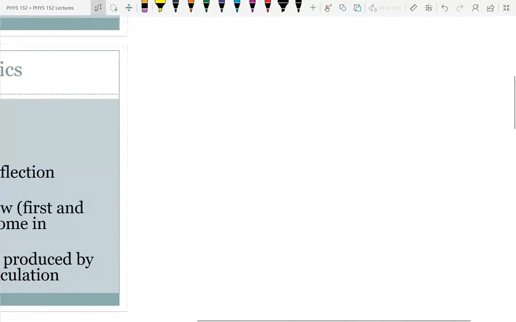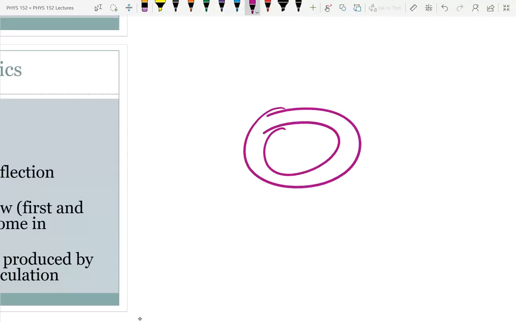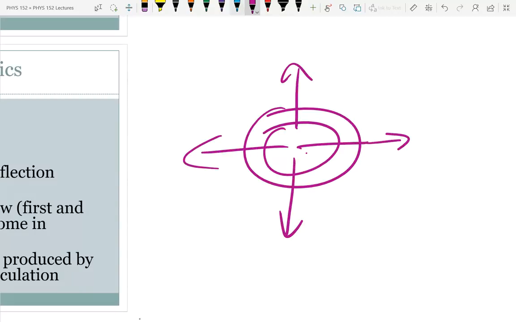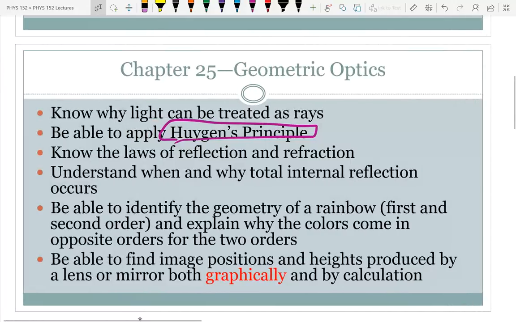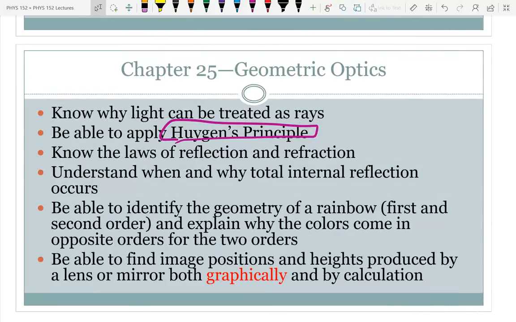Remember we had a picture of a pond that had ripples going out, and the water's going out in a radial pattern, and the peaks of the ripples are the wave fronts. Make sure you have that idea clear in your head. It's important for the analysis using Huygens principle.